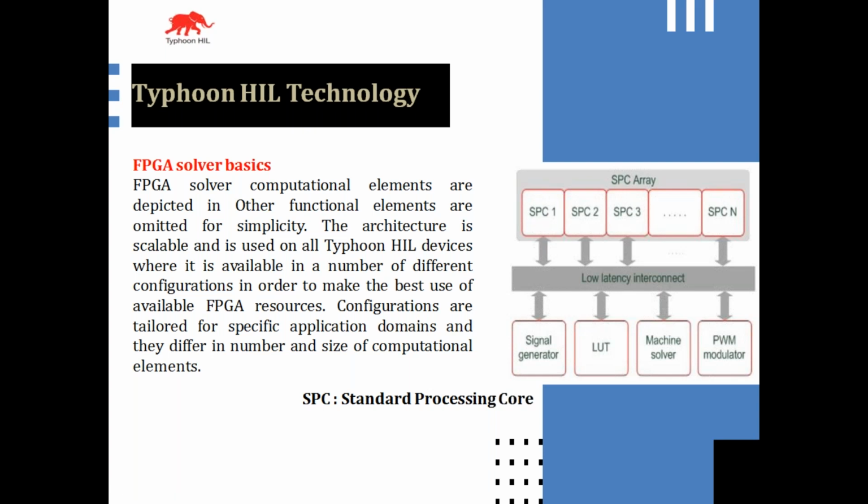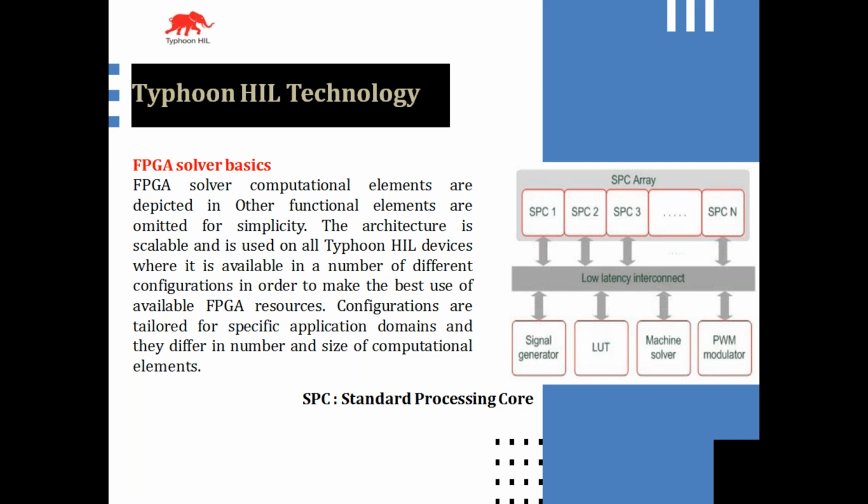Further, the number of signal generators or machine solvers all depend upon the solver configuration. So according to your need, you can change the configuration and use it. I think all of you must have understood what a standard processing core is.